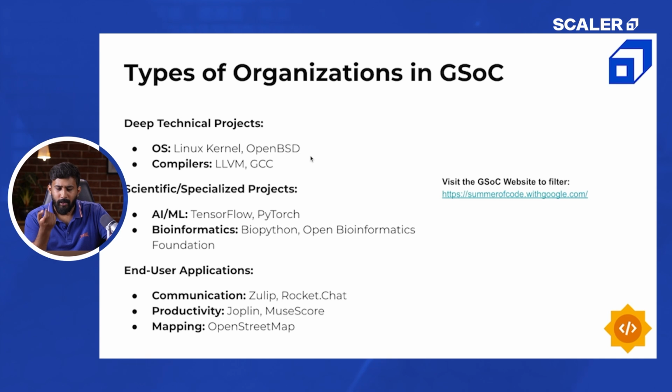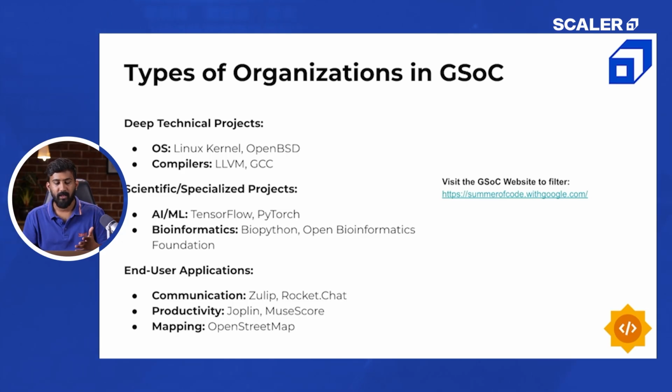In that case, you need to be, first of all, well versed in the language they would use, most probably C or C++. And then you will have to be extremely good in that, or at least know how to get started with it. So for deep technical projects, if you're a beginner who just wants to start, please avoid them. But in case you are extremely passionate about it, please go ahead.